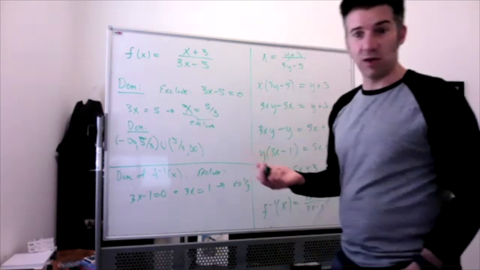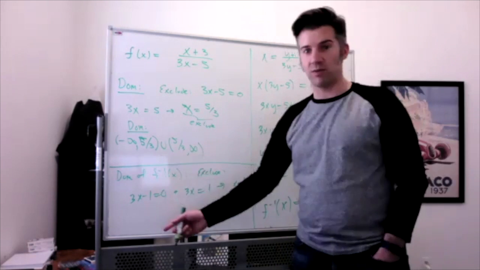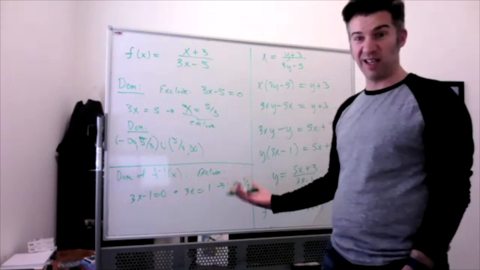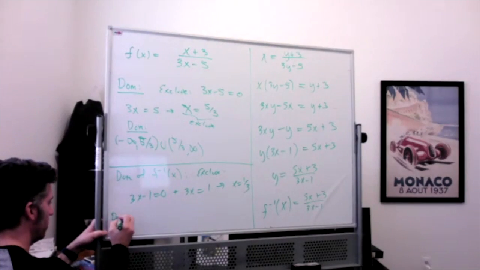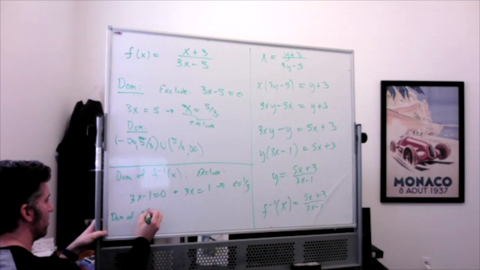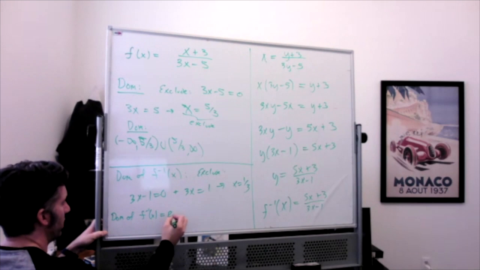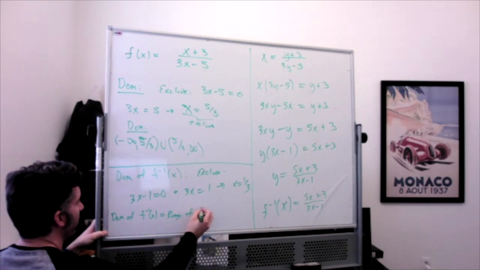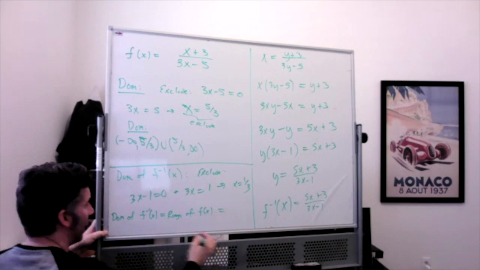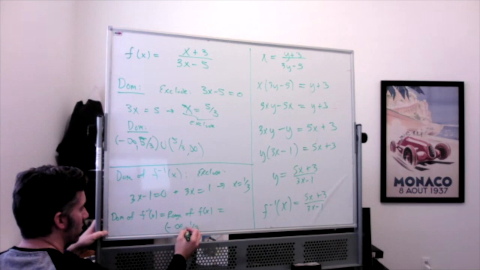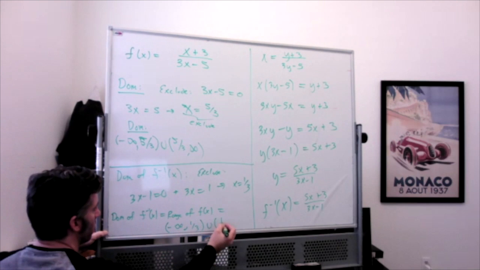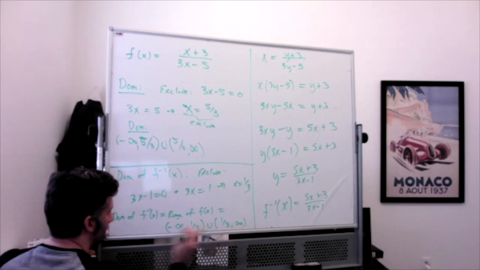So the domain of f inverse, which is the range of f, is everything except for 1/3. So negative infinity to 1/3 union 1/3 to infinity.